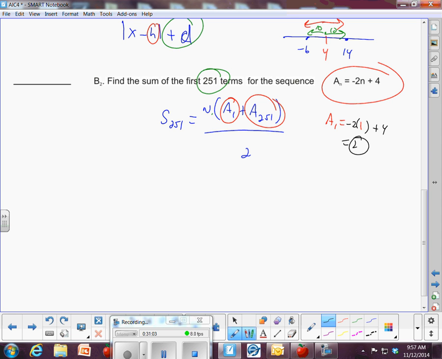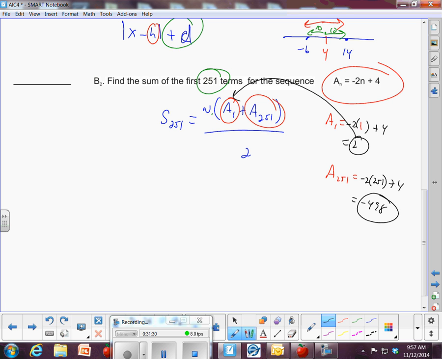Right? And a sub 251 is when you put 251 in for the variable. And that thing ends up being negative 498. So remember, the 2 goes in for the a sub 1.